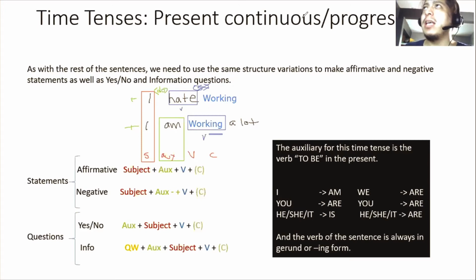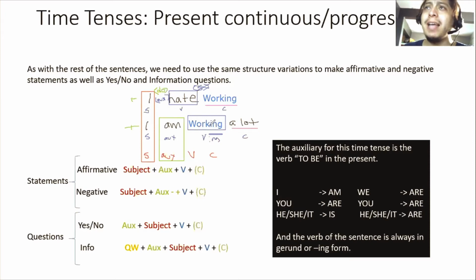And in this case, for example, something that is kind of difficult to understand sometimes, working is the complement. Yeah? We have subject, the auxiliary is not here, verb and complement. Subject, auxiliary, verb with ing, and complement.